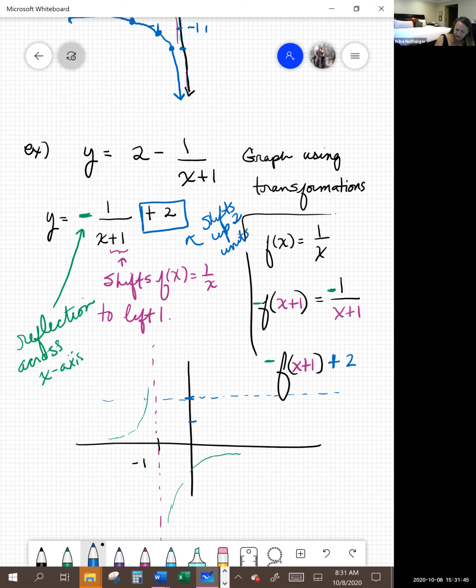Let me get rid of the reflection across the x-axis for now. So now my graph has to be, it was reflected across the x-axis, and so now it's up here.